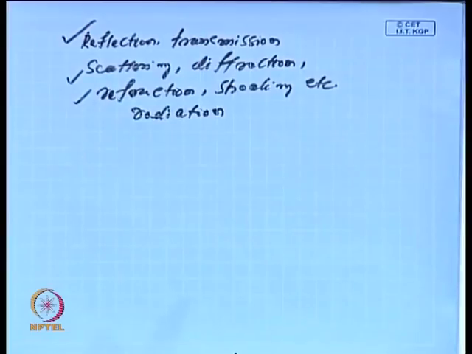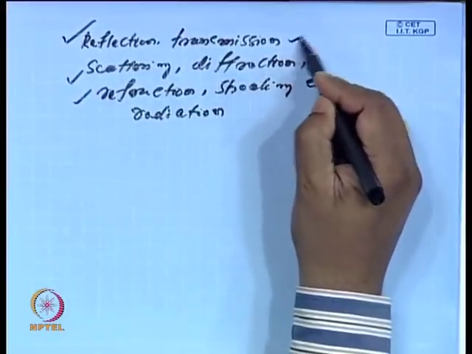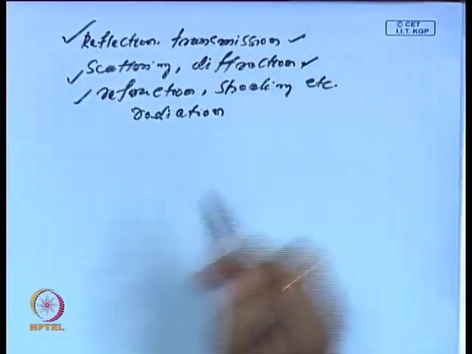All these various physical phenomena exist, and it all depends on the type of problem we are looking into, or the nature of the obstacle. Depending on that, we define what kind of phenomena the wave will be associated with.